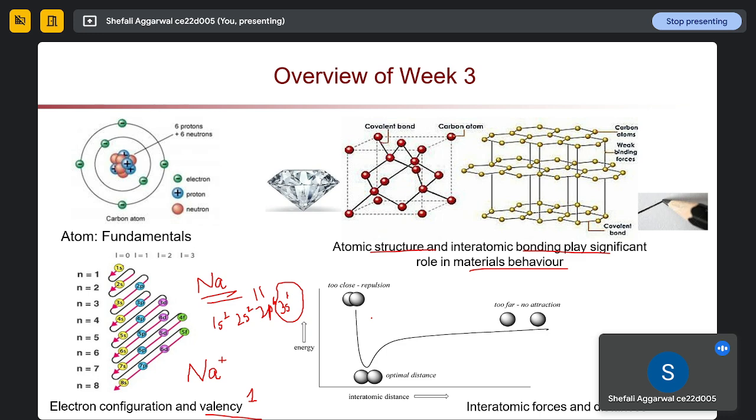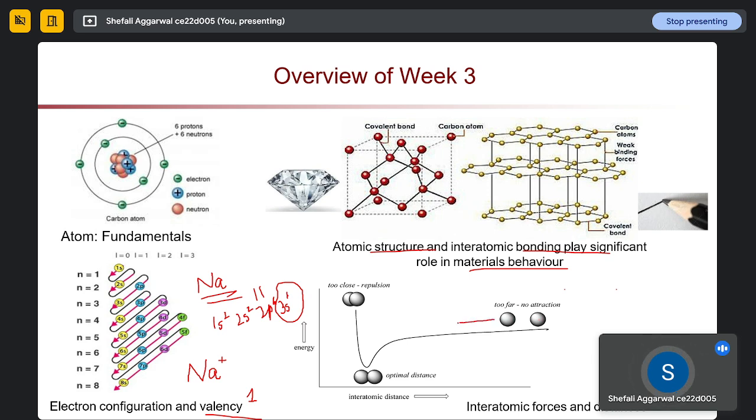So next thing is how interatomic forces and distances will shape up the different properties of a material. So in this diagram, which is actually called the Lennard-Jones or Morse diagram, this is distance versus energy. So if two atoms are there, when the distance between two atoms is very high, there is no force of attraction between them.